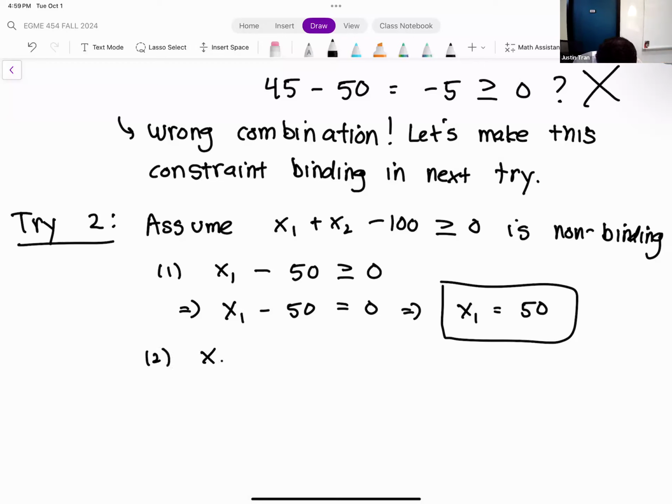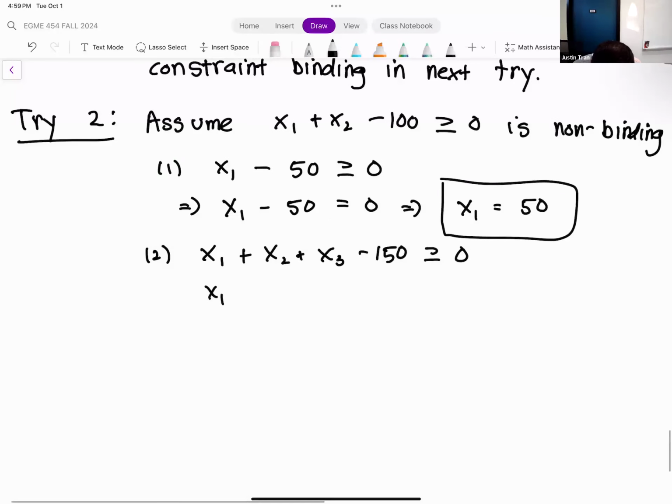And our other constraint is the third constraint. That's x1 plus x2 plus x3 minus 150 greater than or equal to 0. It's our third constraint for the problem, but it's the second one we're considering for this try. Once again, we turn this into an equality constraint, changing the inequality sign to an equality sign. Then I'm going to solve this equation for x3.